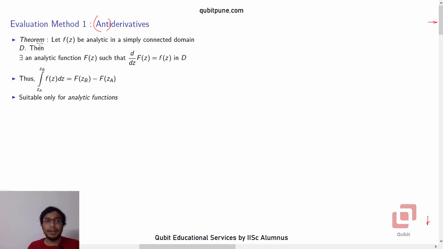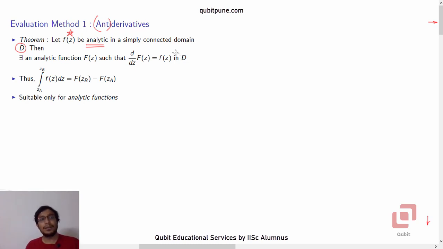The theorem's statement is this: suppose we have a function f of z, and this function f of z is analytic in a simply connected domain D.